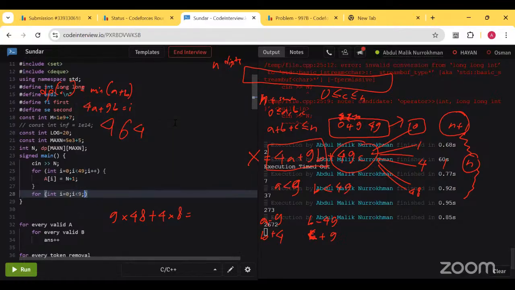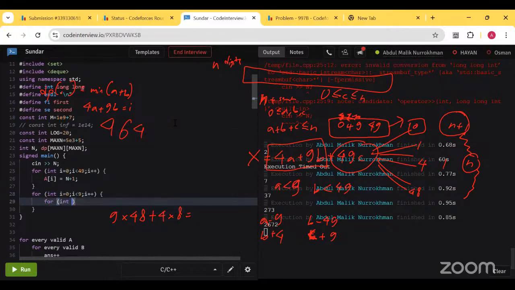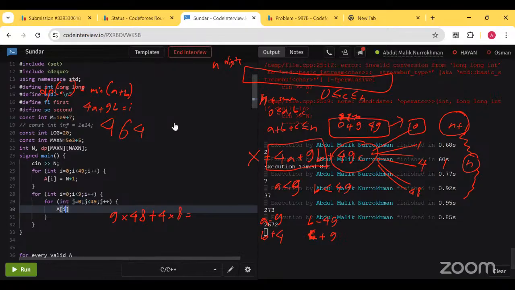We will iterate i from 1 to 9 and j from 0 to 49. Take i times 4 plus j times 9 modulo 49, minimize with i plus j.